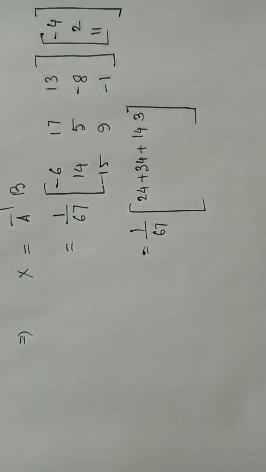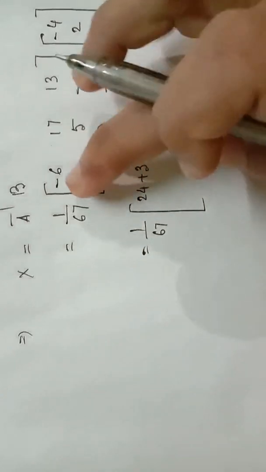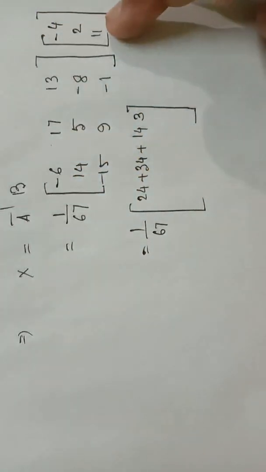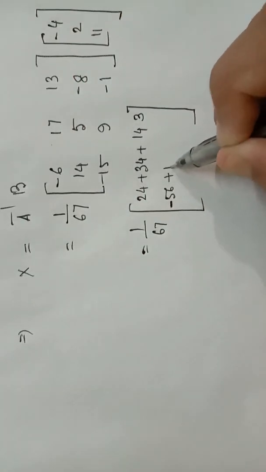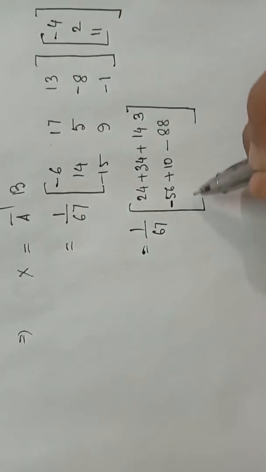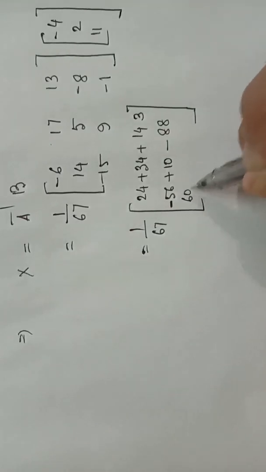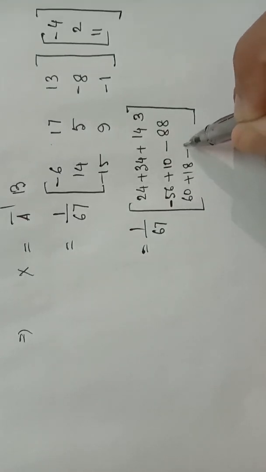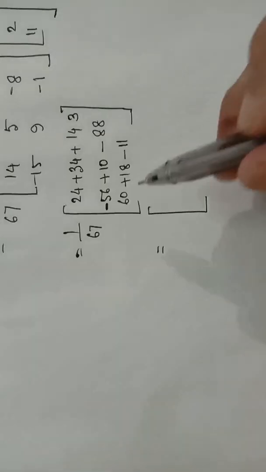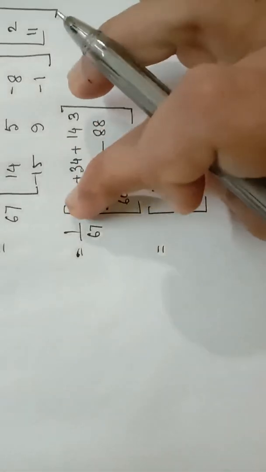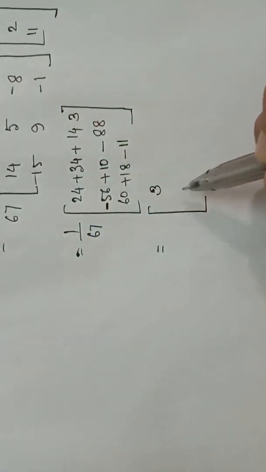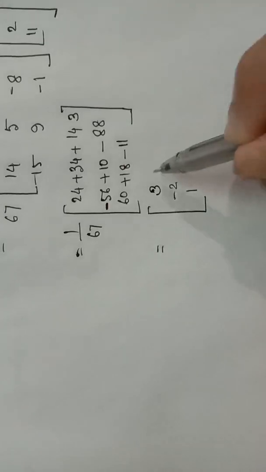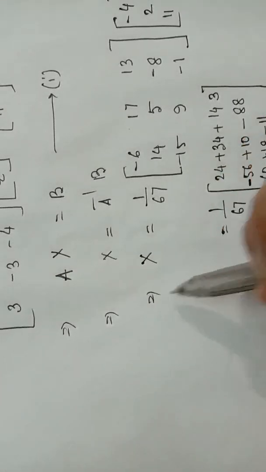Okay, next, if we multiply this row with this column, we will get minus of 56 plus 10 minus of 88, and this row will be 60 plus 18 minus of 11. So ultimately, if we add these three and divide by 67, this will be 3, this will be minus 2, and this will be 1, and this is equal to our matrix x.